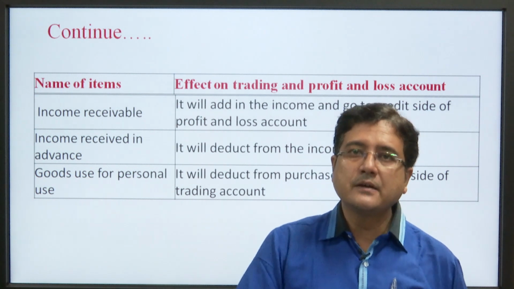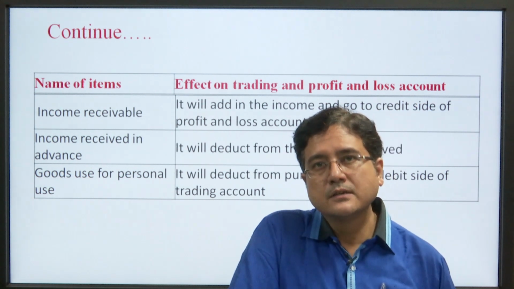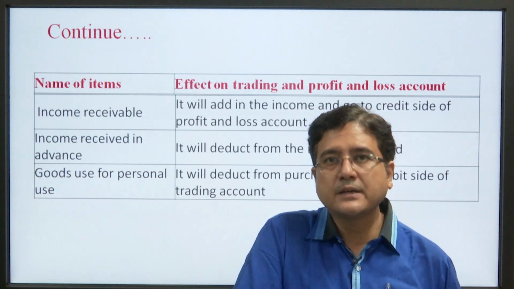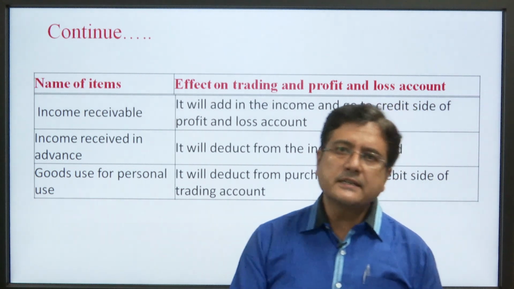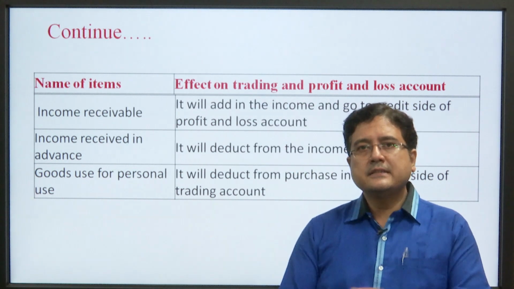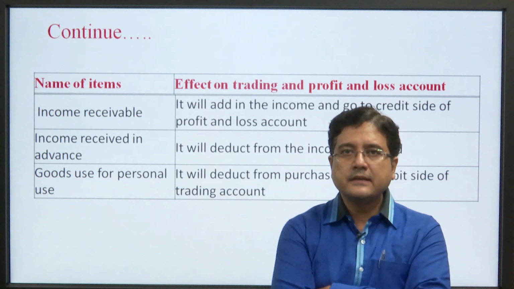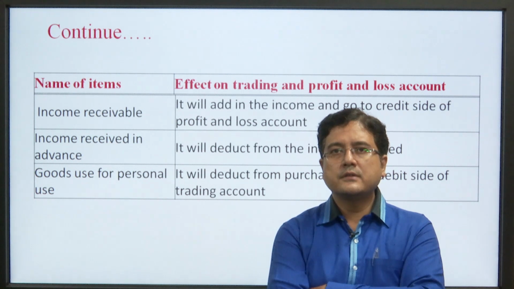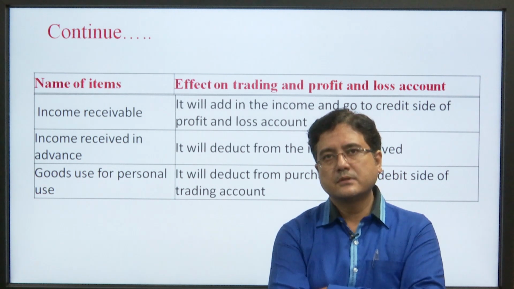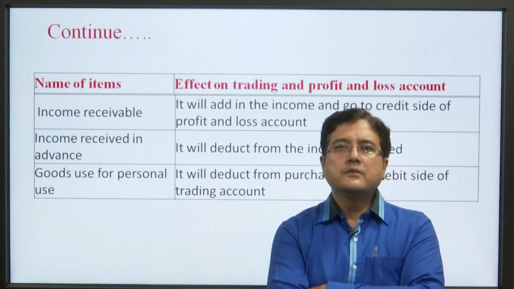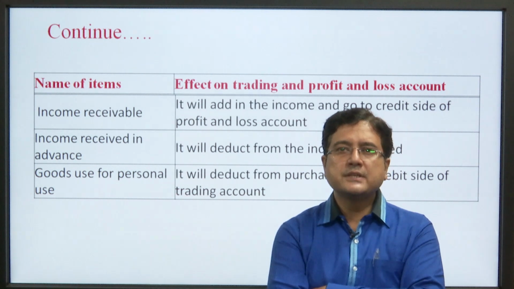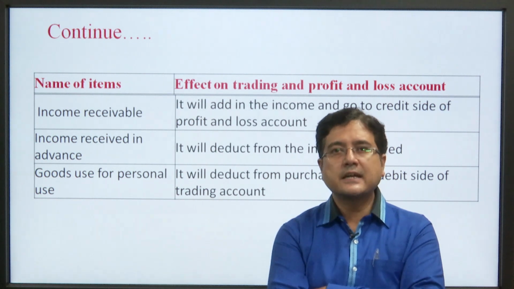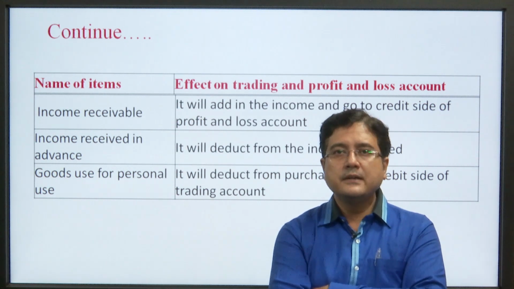If we receive any income in advance, somebody gives us an advance for the next financial year, we have to deduct it from the income, because if we do not deduct this, our income will increase and our profit will increase, but this will not show the true figure of the company's performance. And as we said, financial analysis shows the true figure of company performance. So we need this kind of adjustment, this kind of deduction.